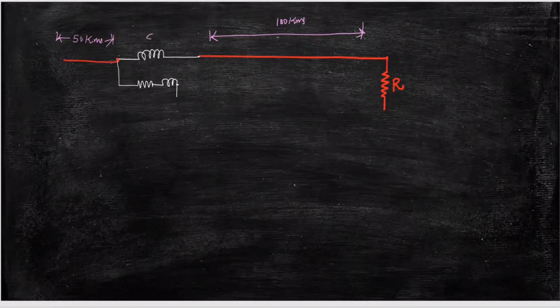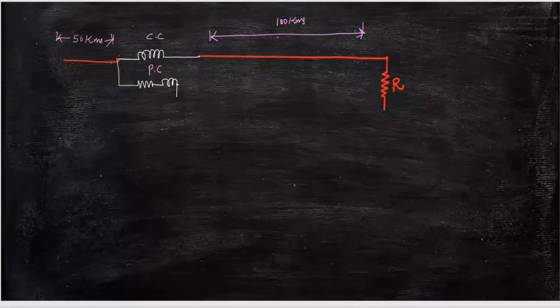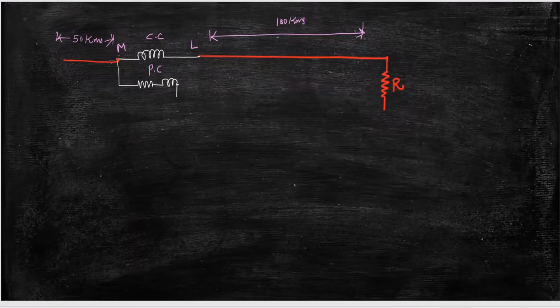There is no problem with the current coil, but the pressure coil has another terminal: M is connected, L is connected, C is connected, and to connect this V terminal, I have to travel 100 kilometers.